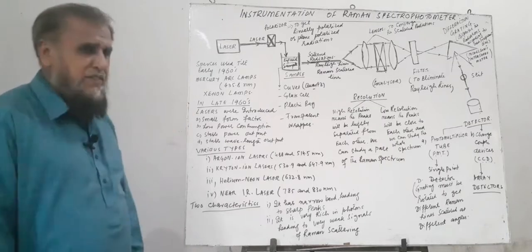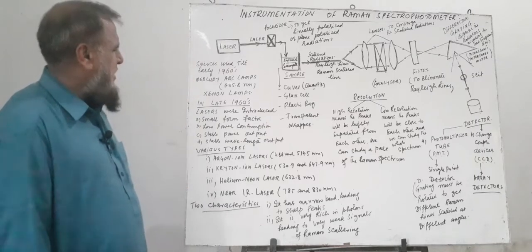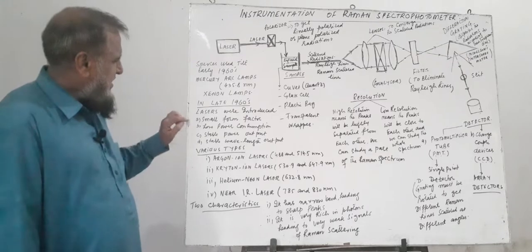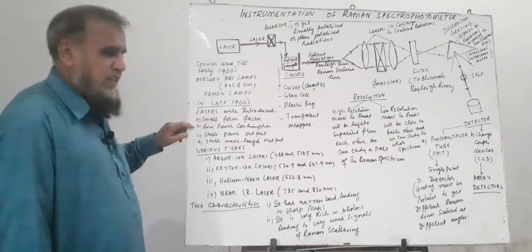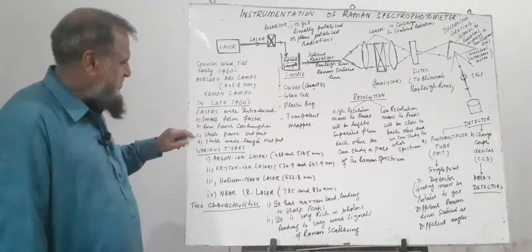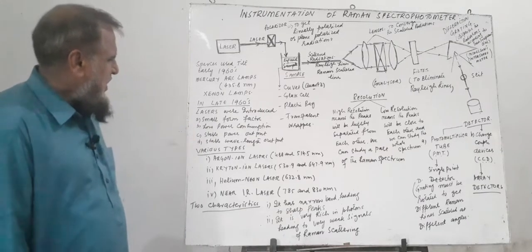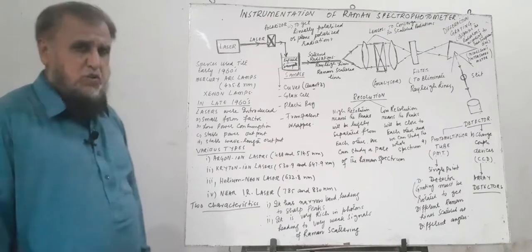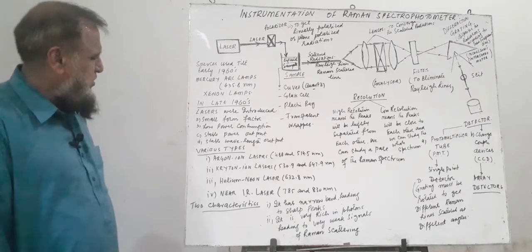Lasers are more efficient than mercury arc lamps or xenon lamps due to the following facts: they have a small form factor, low power consumption, stable power output, and stable wavelength output.